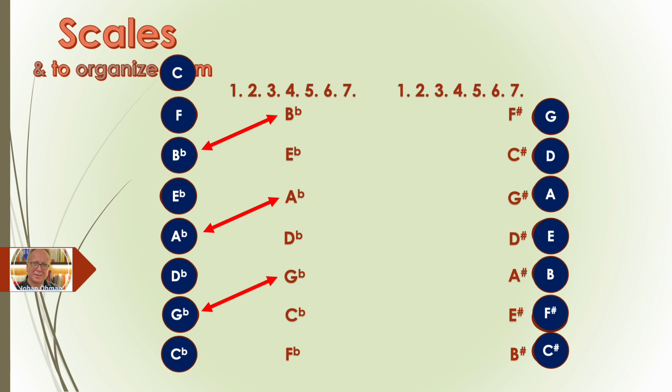And the significant for the B flat is that it has a B flat and an E flat. And the E flat is the next key, and it has a B flat, E flat, and an A flat, and so on.